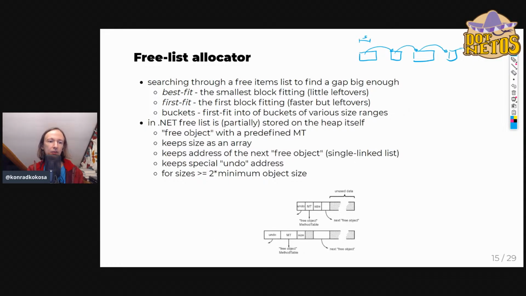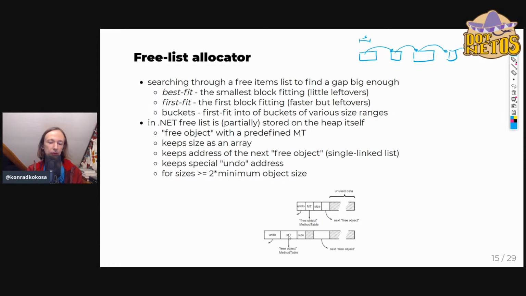So we have this free list, which, as we know, is partially stored on the managed heap. Those gaps are stored there, with the pointer to the next element and the size of it. Just to recall how it is organized, I was showing that during the plan phase. Every such gap on the managed heap looks like this. In the end it is very similar to a regular object.